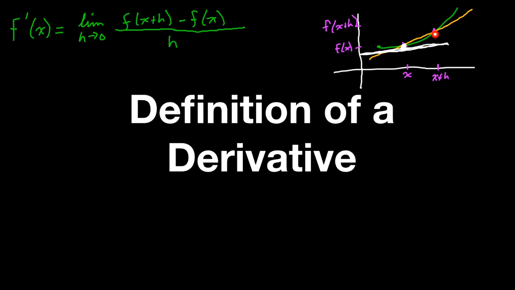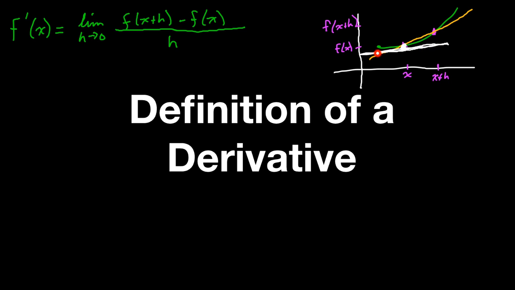So when this point gets extremely close to the other point, we can still calculate the slope because we have 2 points, and that slope will be approximately the same as our tangent line.